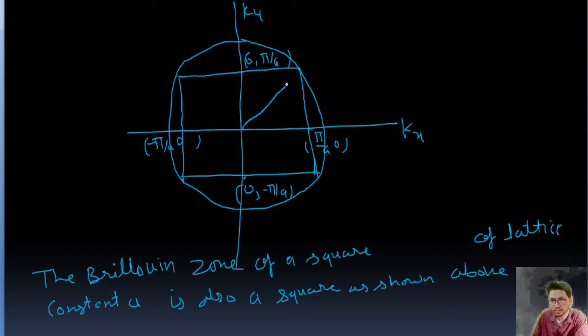Now we'll find the radius of the Fermi circle in 2-dimension. Okay, this is a two-dimension case. So we'll find this radius. The radius is kf, the radius of this free electron Fermi circle.